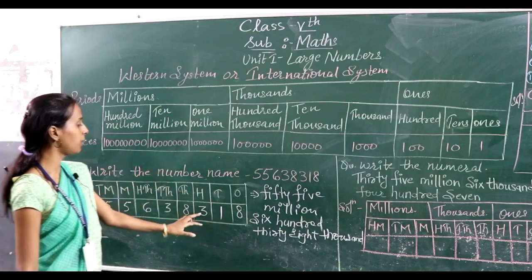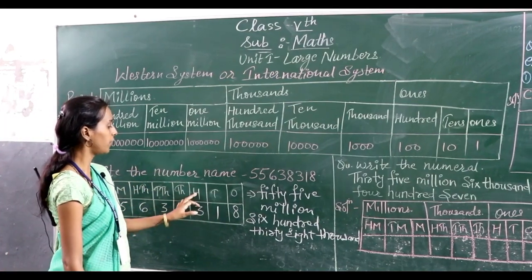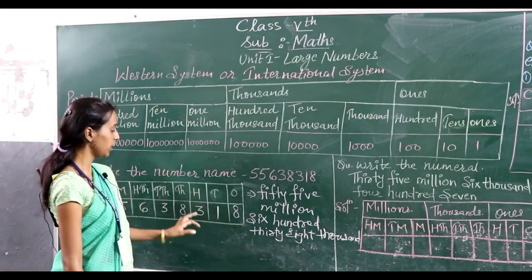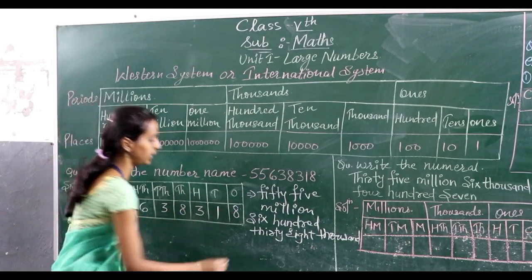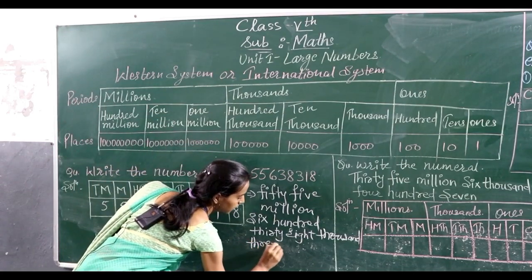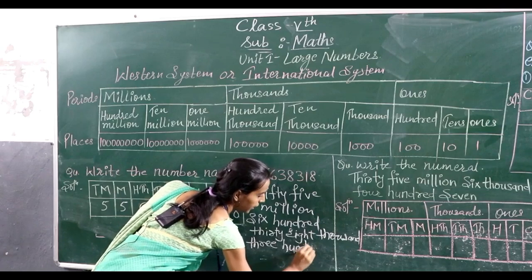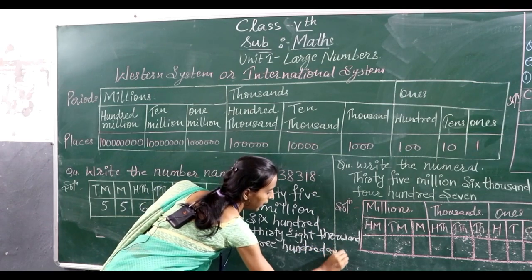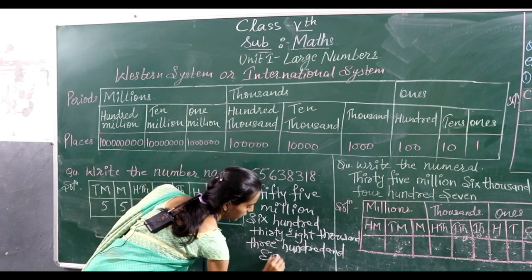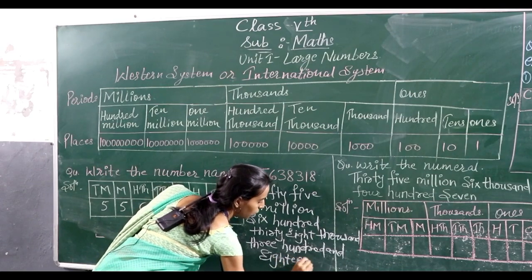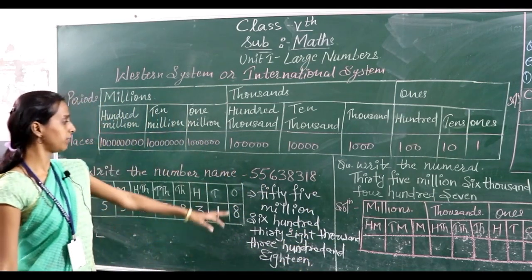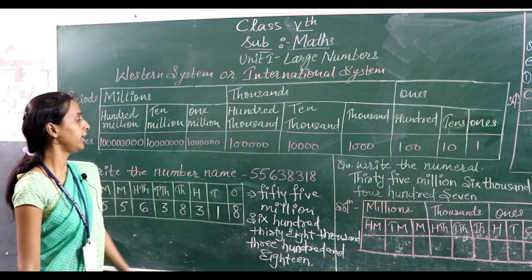We have completed this column. Now the last one is 318. Okay, we have written it in the number name form.